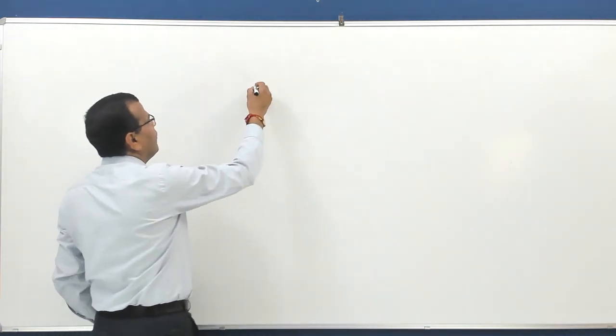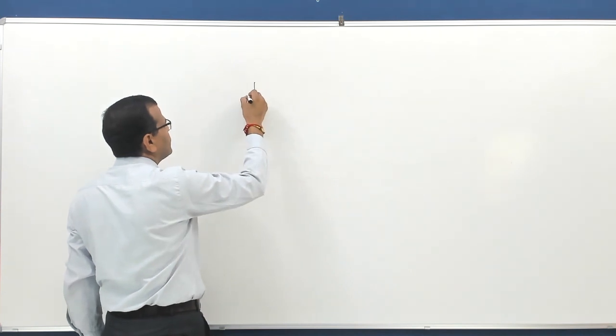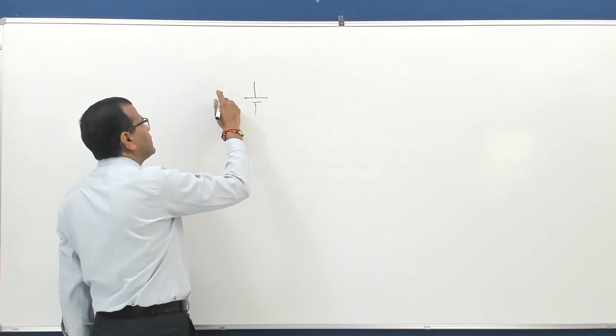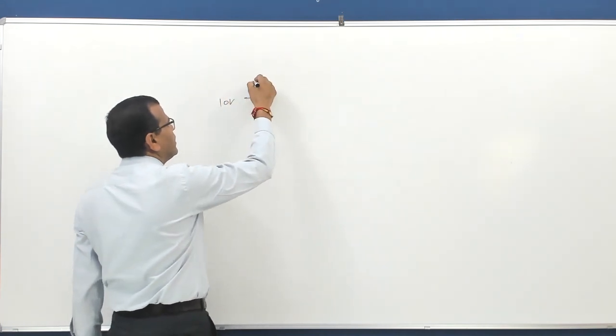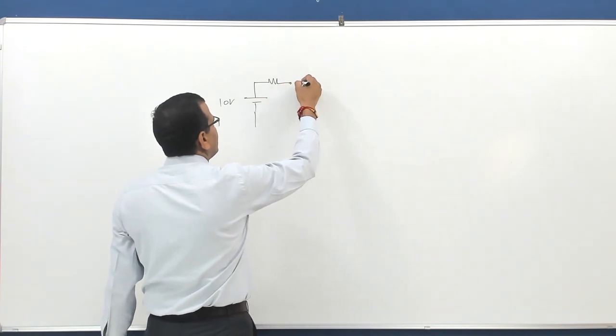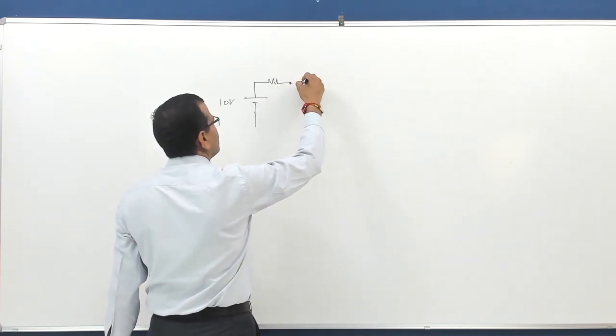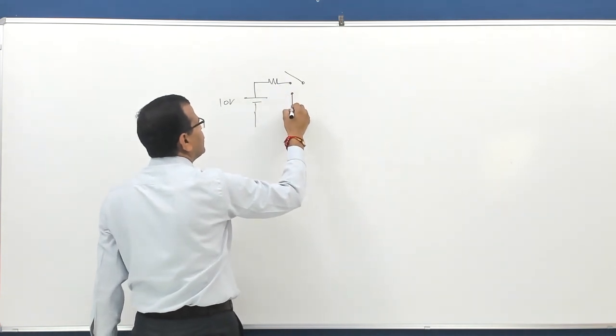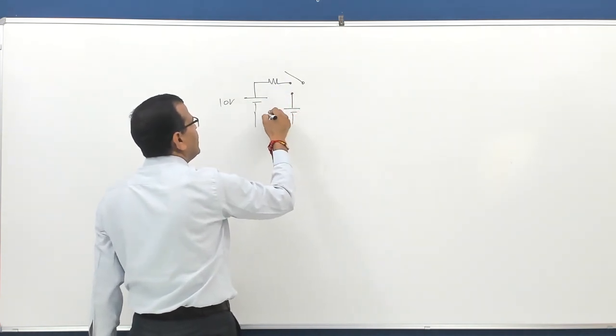Suppose I have one circuit. There is a voltage source of say 10 volt. There is a resistance. There is a switch and another source, say there is 20 volt.